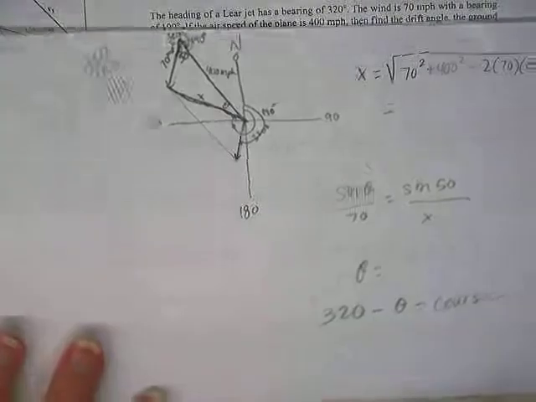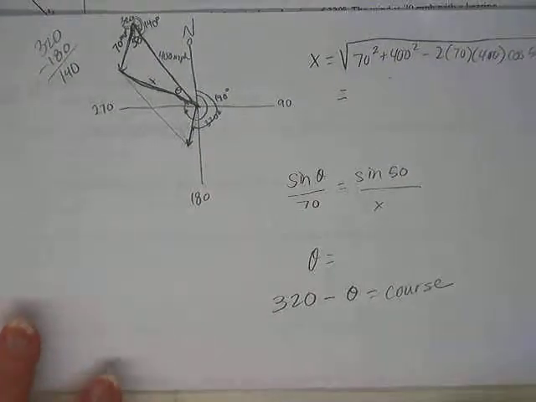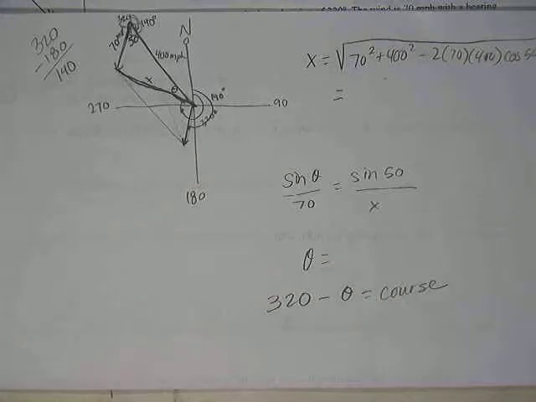Find that answer. And then you're going to do your law of sines again. Sine of theta over 70 equals sine of 50 over whatever you found up there. You find your angle, and then you take 320 and you subtract the angle to find the course. Okay, go for it. Finish the problem.